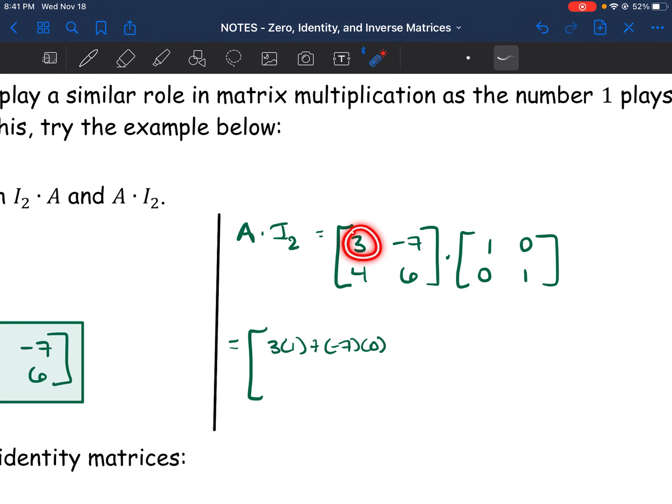Then we're going to do 3 times 0 plus negative 7 times 1. Then we're going to do 4 times 1 plus 6 times 0. And then lastly, we'll do 4 times 0 plus 6 times 1.